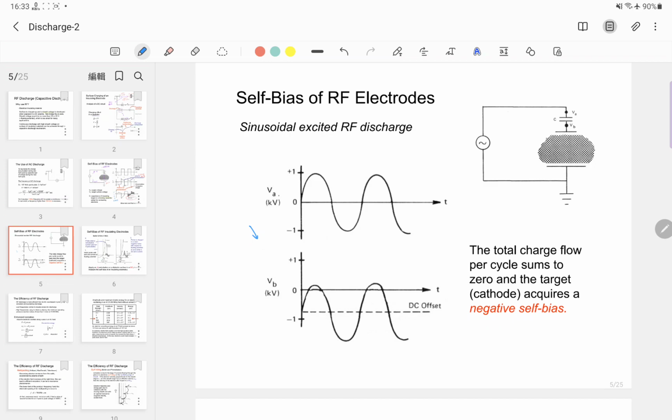So the surface of the top electrode is automatically charged to a negative bias, and this is called negative self bias.